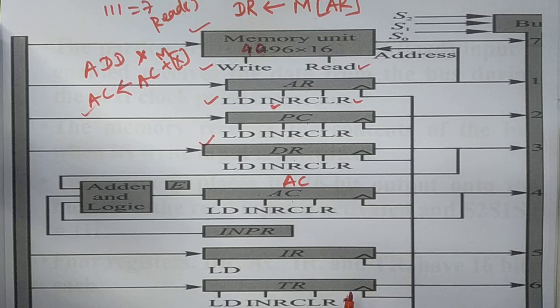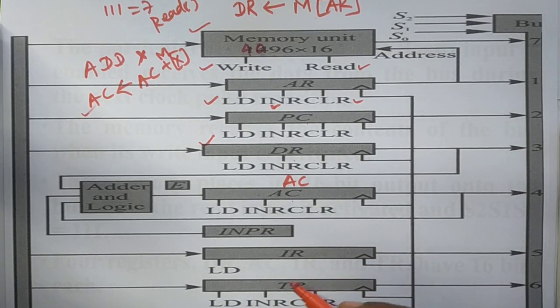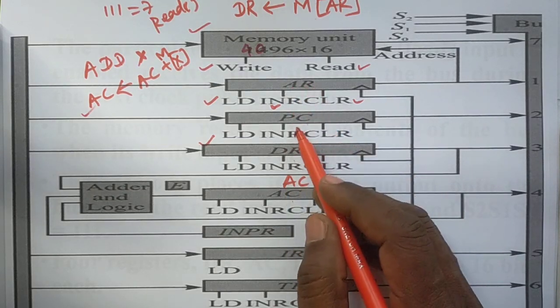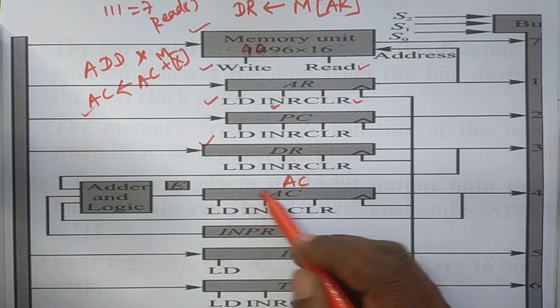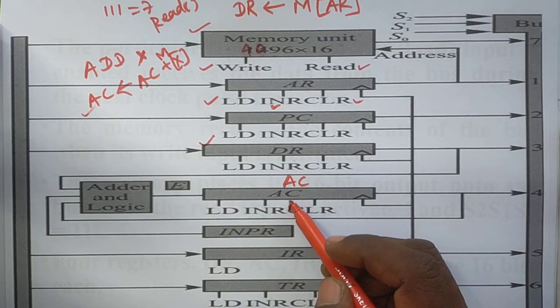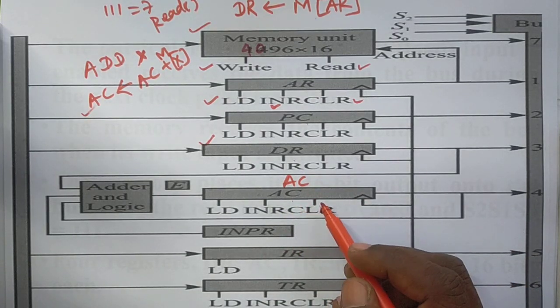You can take other examples, it doesn't matter. Every time, for different operations, we load the data into the corresponding register, like the address register, PC register, or DR register, or AC register, because whenever one operation is complete, we load the particular data into AC, increase to the next, and clear the previous data.